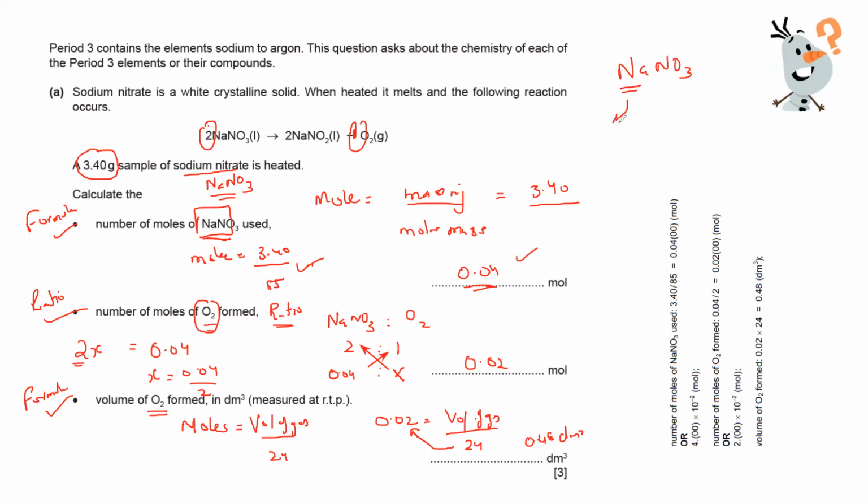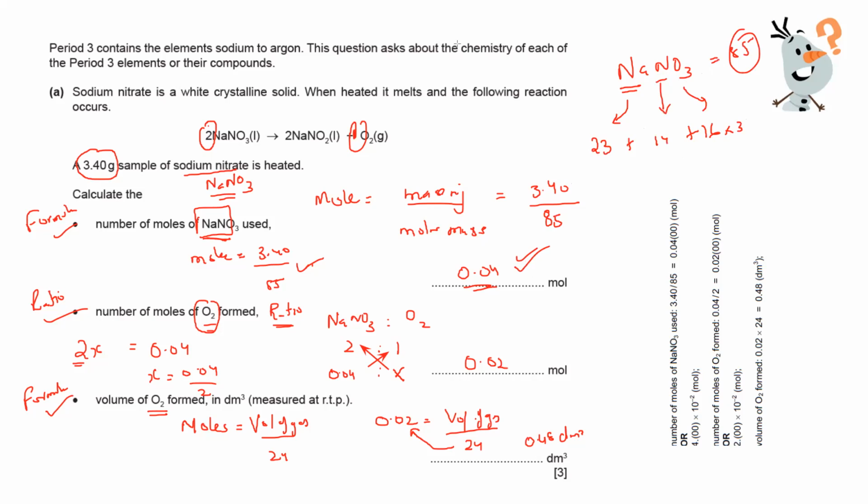When you check the periodic table, sodium is 23, nitrogen is 14, and oxygen is 16. So when you solve this, you will get the total mass of sodium nitrate to be 85. So mass in gram is 3.4 and the molar mass is 85. So 3.4 divided by 85, you will get the moles of sodium nitrate.